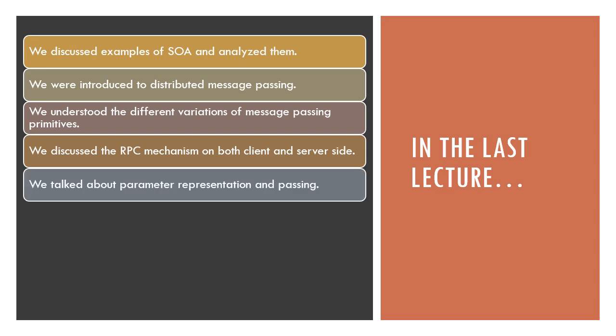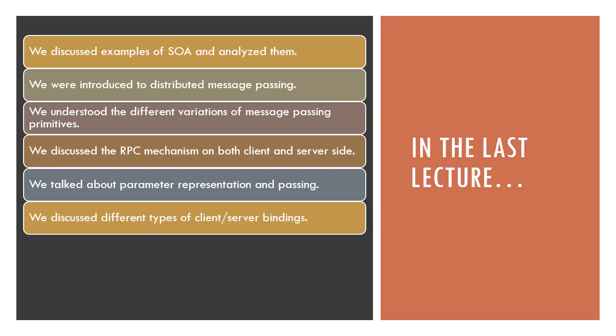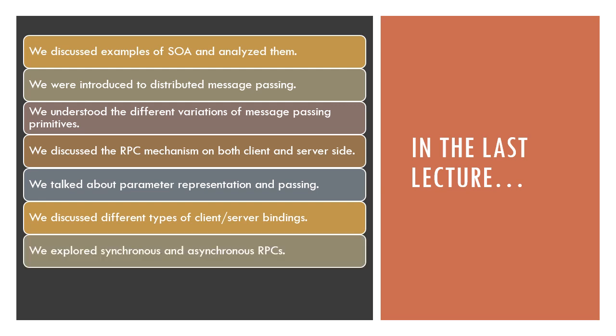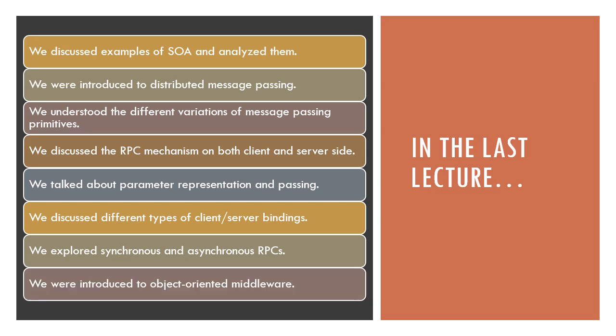We talked about parameter representation and passing. We discussed different types of client-server bindings. We explored synchronous and asynchronous remote procedure calls. We were introduced to object-oriented middleware, and now we pick it up from where we left.